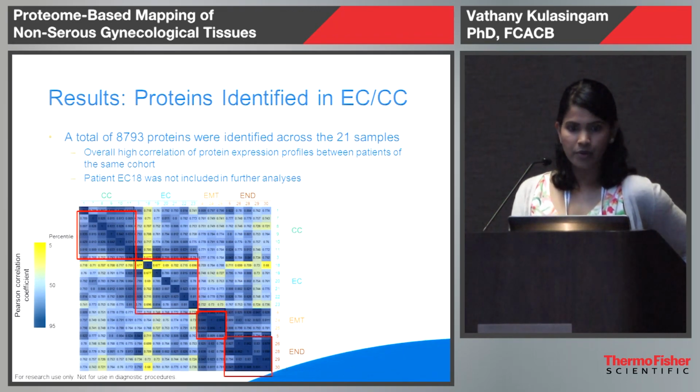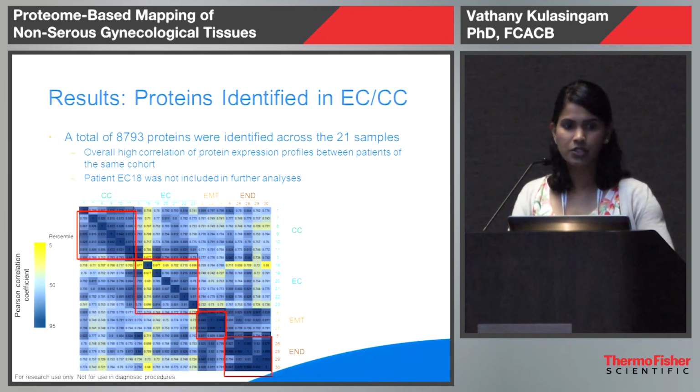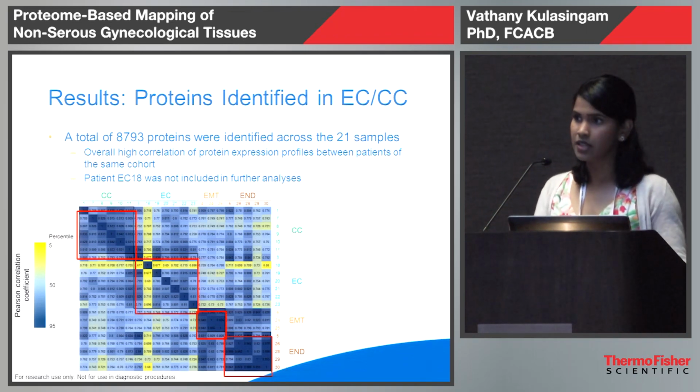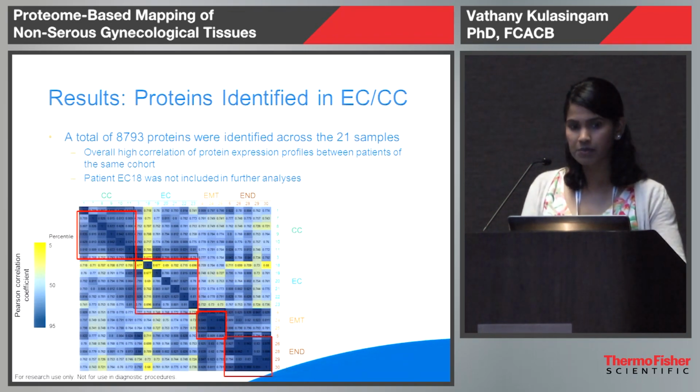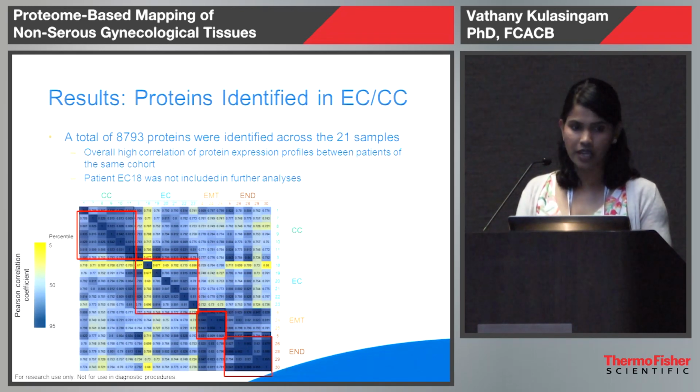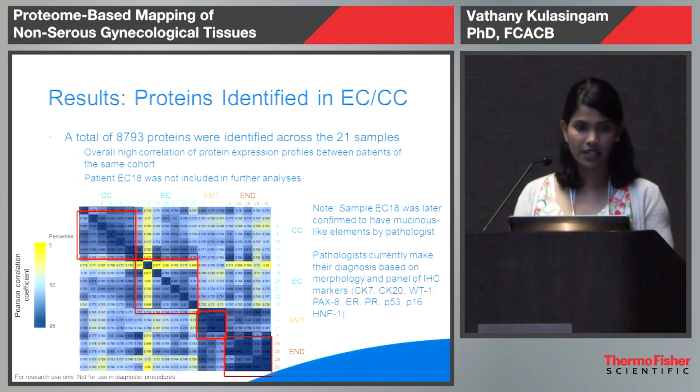And so another important point for checking any proteome cohorts is really to see if we've identified any known markers. So pathologists currently make their diagnosis for these different subtypes based both on morphology as well as immunohistochemistry markers, such as some of the ones that I've listed here.